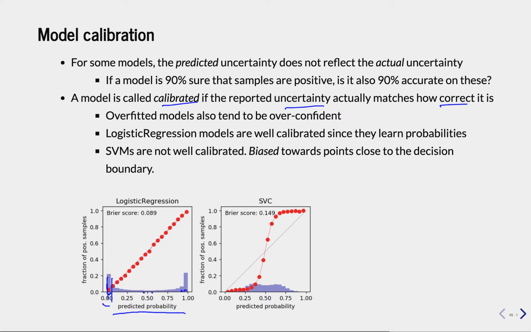And so we do this for all bins here, and we look at the corresponding fraction of positive samples. If the predicted probability matches the fraction of observed positive samples, you will end up on this line, right? And that's a good calibrated model.